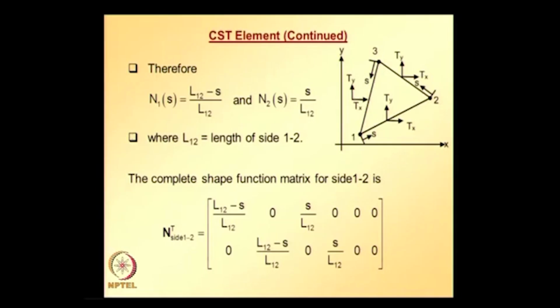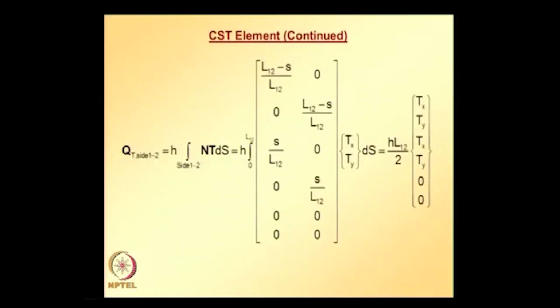Using this we can easily calculate the equivalent nodal vector. We are considering here a case where tractions are uniform, they are constant, so the Tx, Ty components are not functions of x.